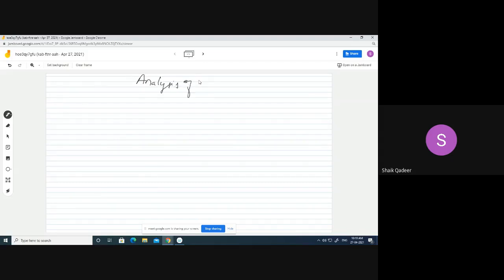Analysis of first order measurement system in time domain. Okay, this is the next subtopic.